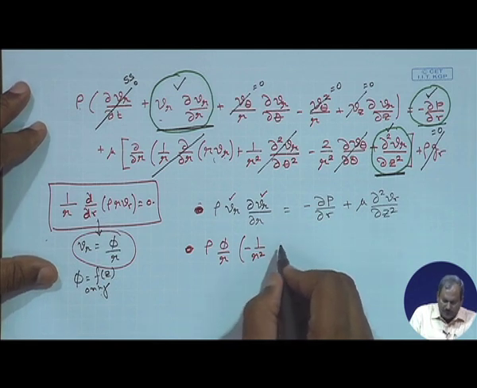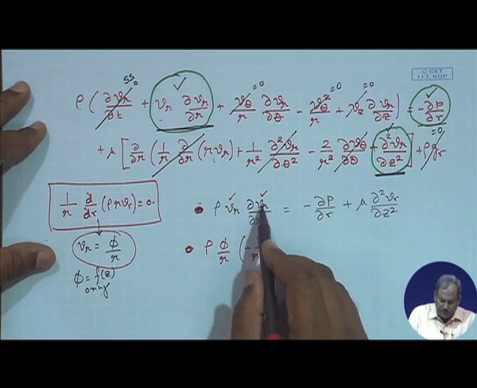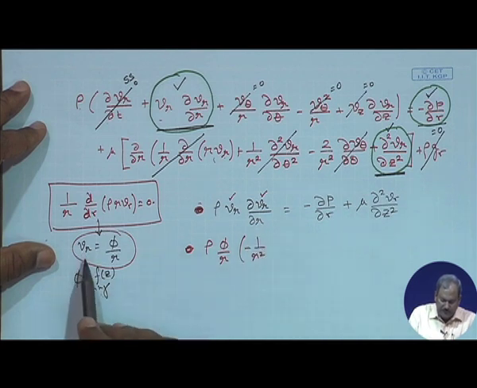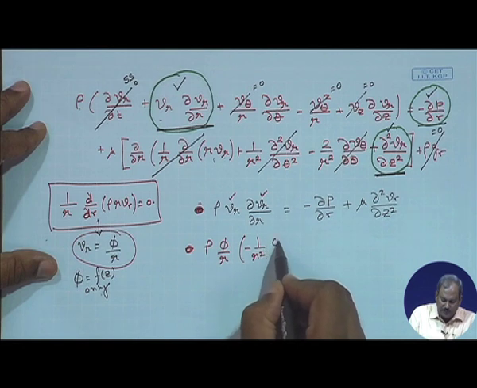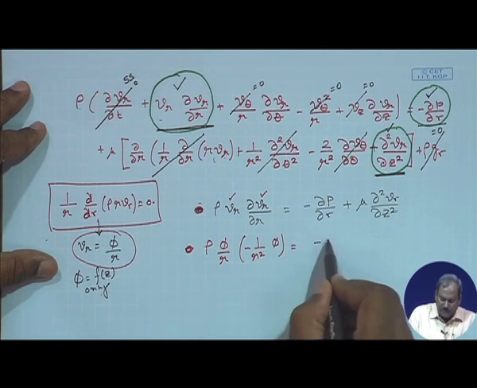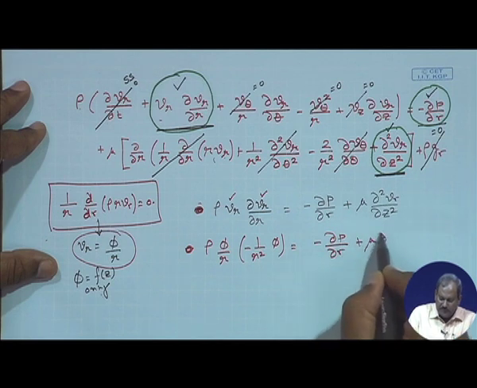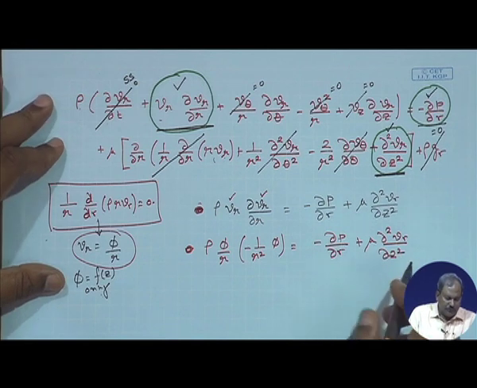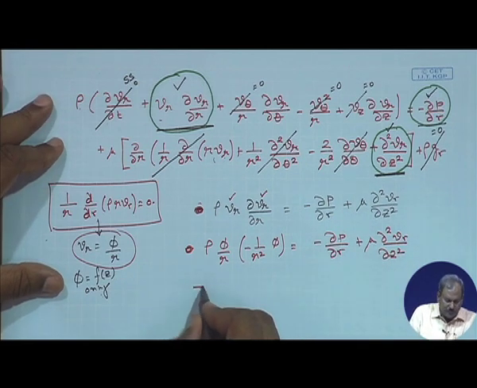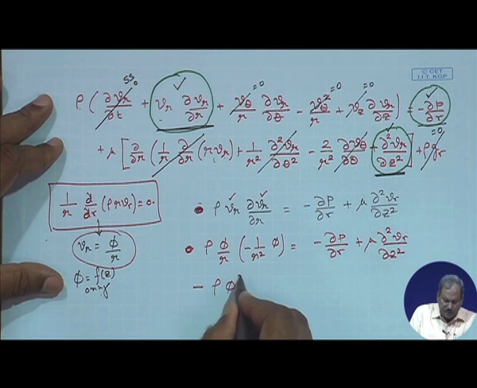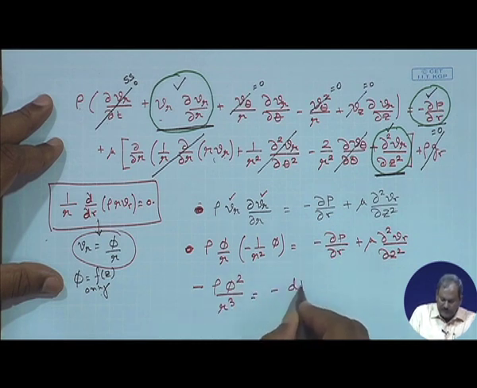So del Vr del r would be 1 by r square into phi, equals minus del P del r plus mu times del square Vr by del z square. So the final form of this would be minus rho phi square by r cube equals minus dp dr.